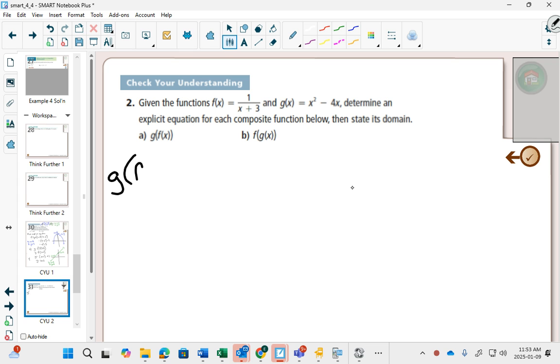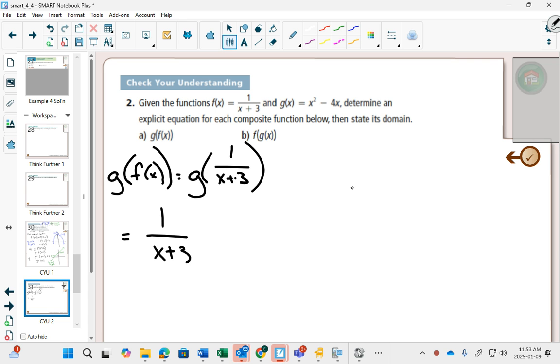So the explicit equation, g of f of x, would equal g of 1 over x plus 3. And what does that mean if you plug that into g of x? Well, g of x says whatever you plug in gets squared minus 4 times it again.